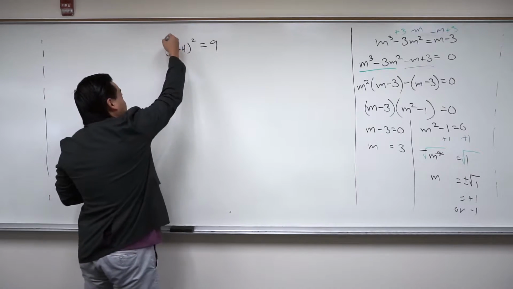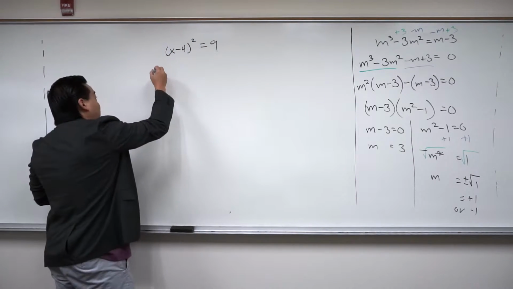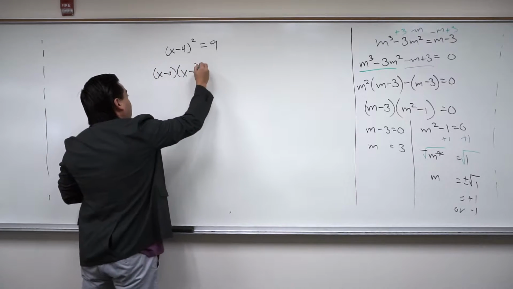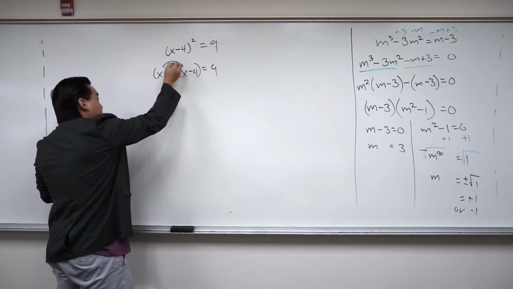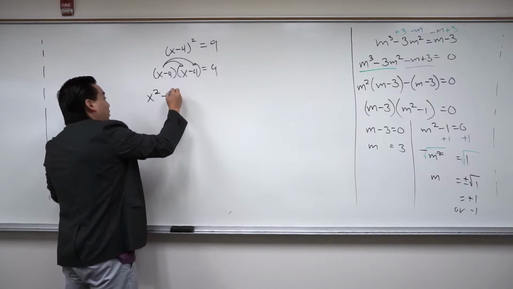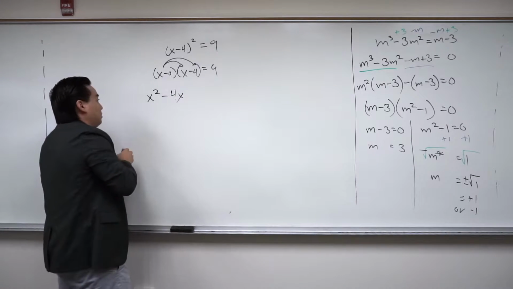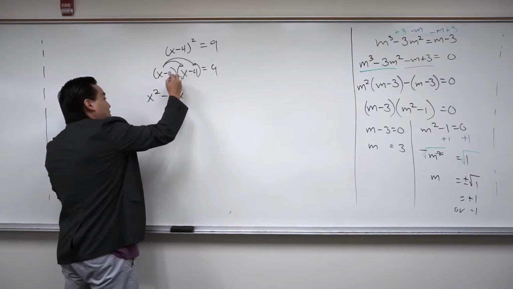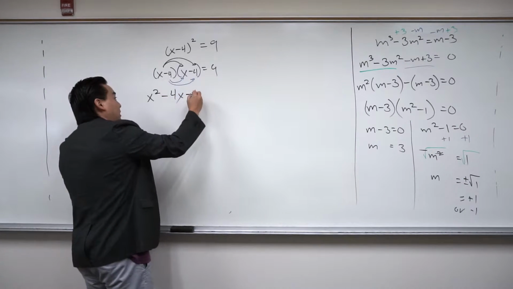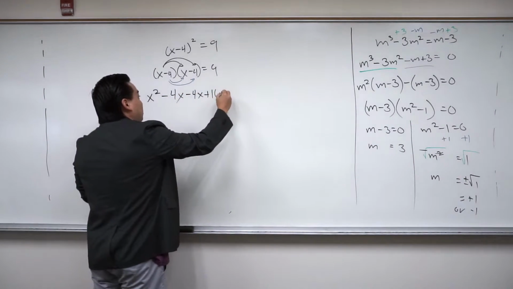So what I'm going to do is expand this part out as x minus 4 times x minus 4 is 9. And then do the distribution. So x squared minus 4x. Then do the next distribution, which is going to be minus 4x plus 16 is 9.